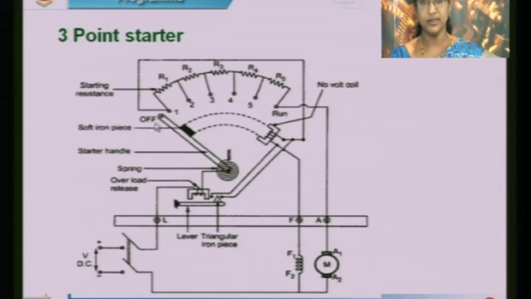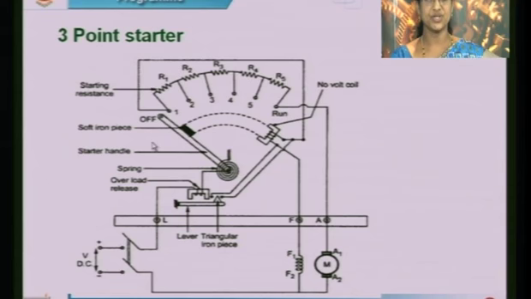Then this handle moves from stud 1 to 2, 2 to 3, 3 to 4, 4 to 5 and then to run. At this point the motor will run at full speed, meaning the EB will be more, that is, the current is V minus EB divided by RA, which you are going to limit. So, this is how this 3-point starter works.